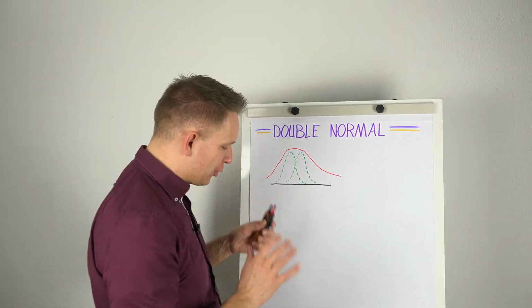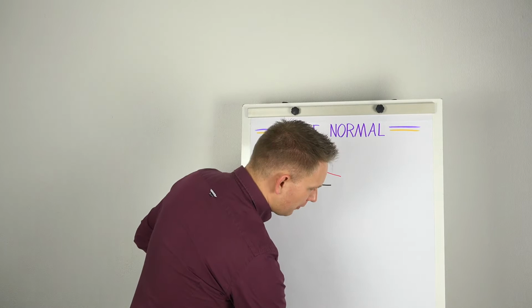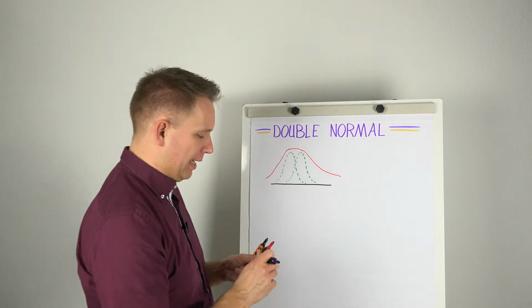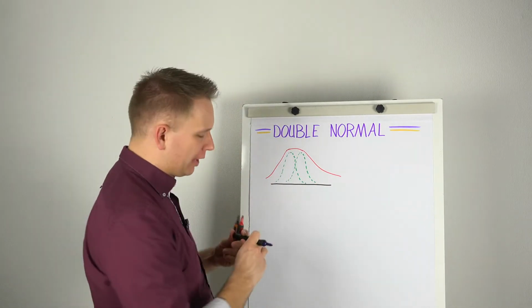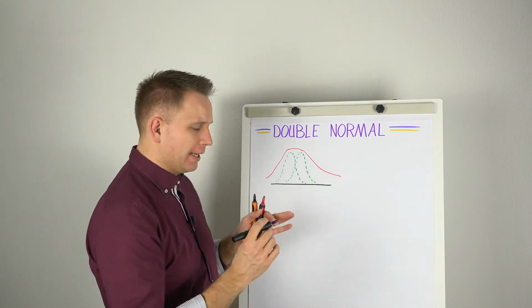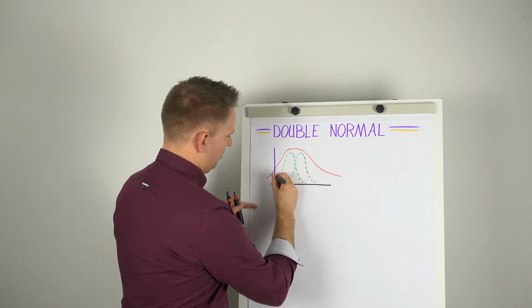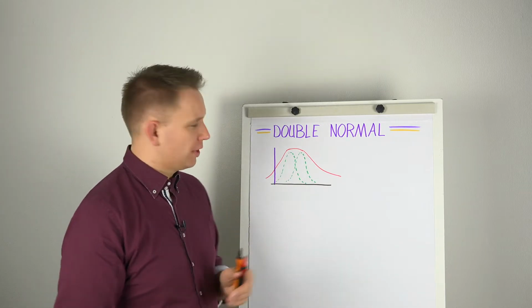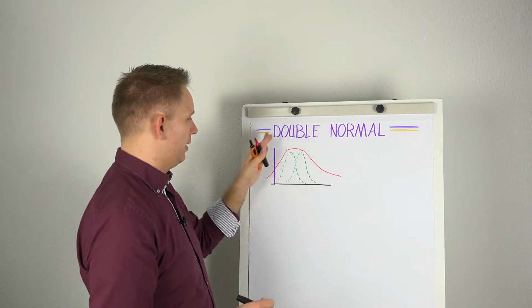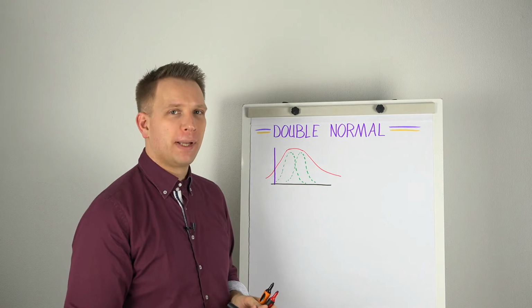What is the actual problem with this? And let me get something like a specification marker here. Let's say that we have a minimum weight specification. Our products should be higher than this minimum weight.